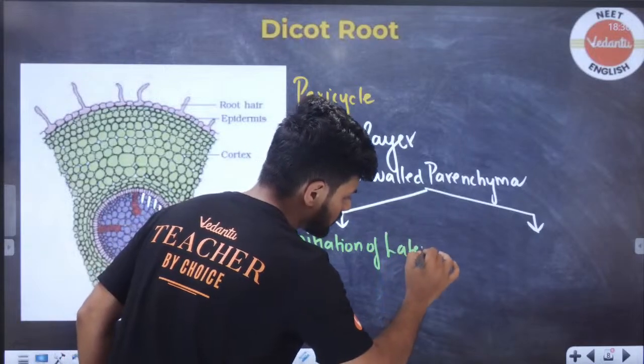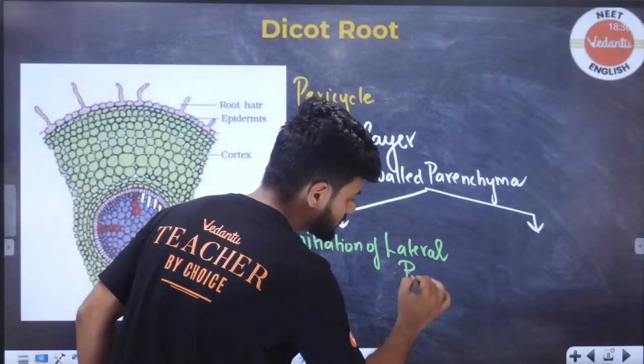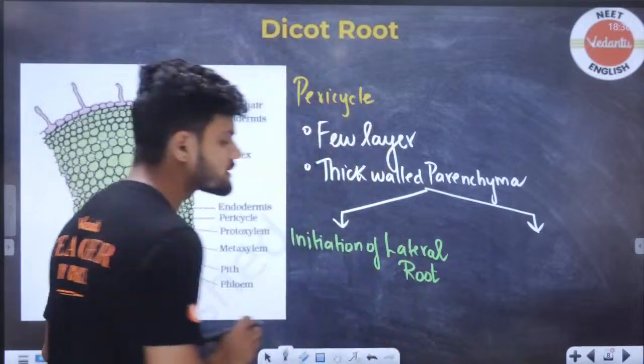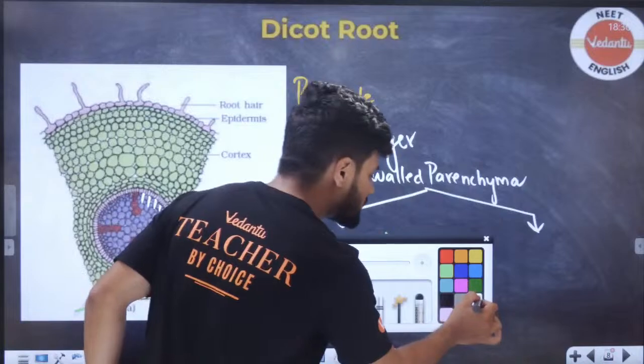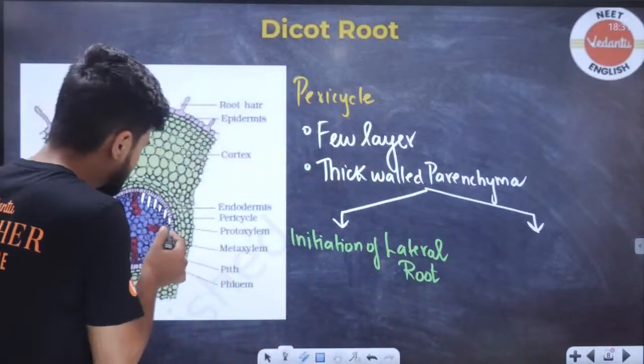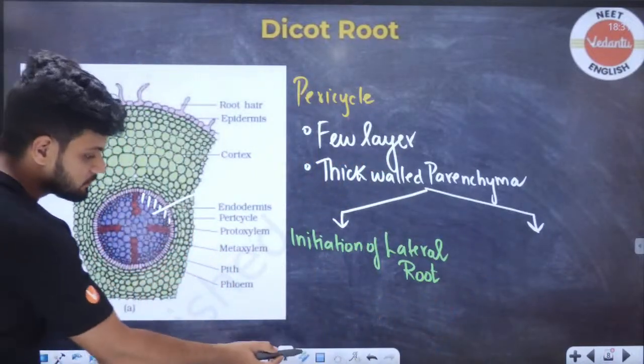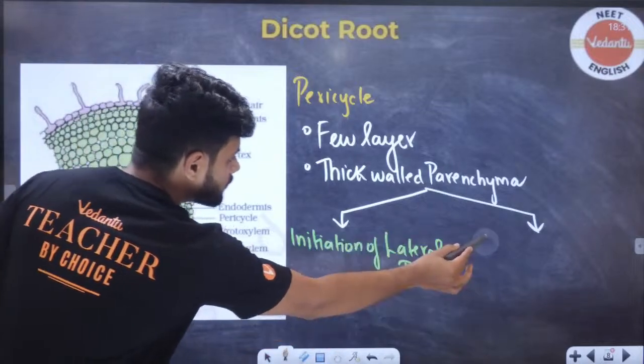Lateral roots. How many of you remember lateral roots from the morphology we learned? Yes or no? And students, remember, they are coming from the pericycle. The roots are coming out of the pericycle like this.